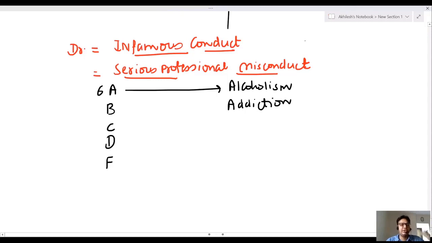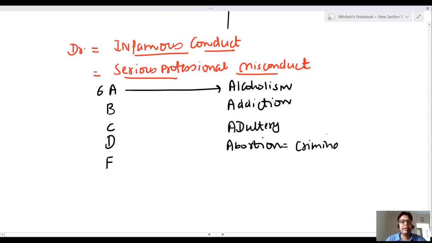During practice a doctor is involved in alcoholism, addiction, adultery, extramarital affair, abortion, criminal abortion. A is advertisement, wrong advertisement.